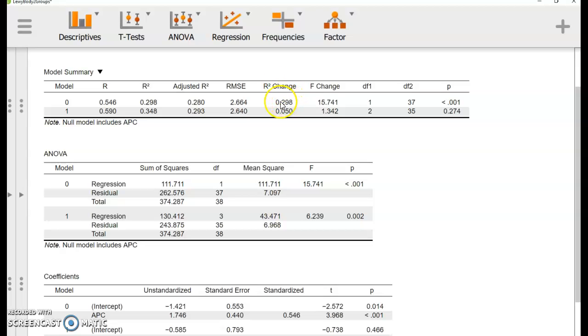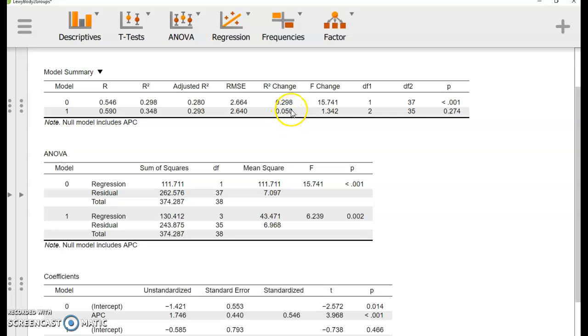The first r-squared change really is just going from no predictors whatsoever to having that first gray matter predictor in there. So this r-squared change is going to be the same as the original. That's why the 0.298 is the same as this. It's going from no predictors whatsoever to having that one predictor.